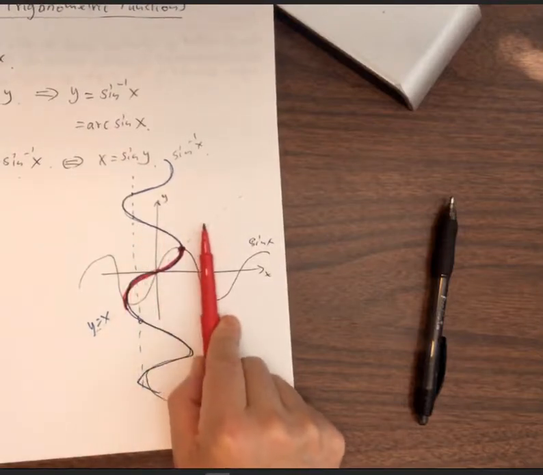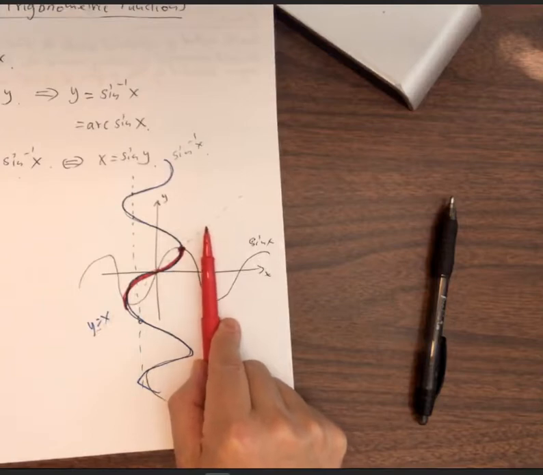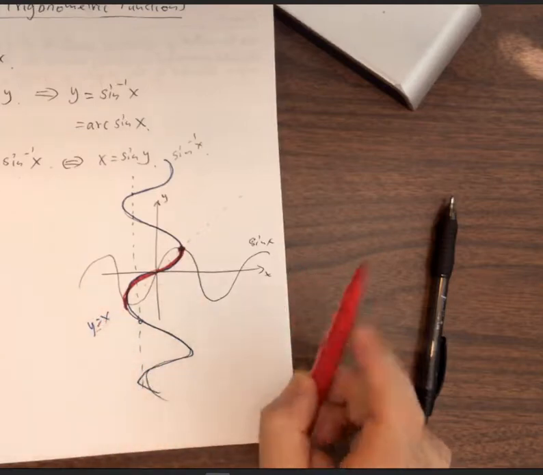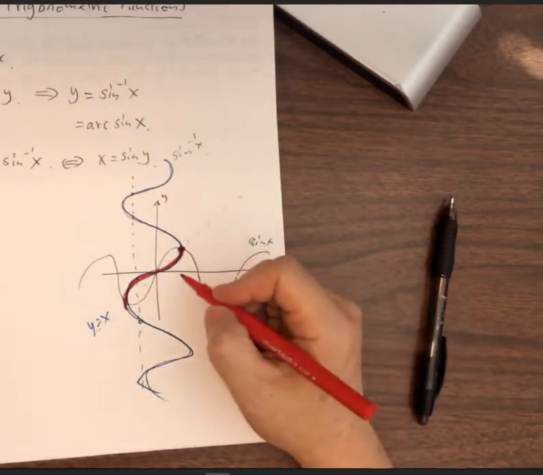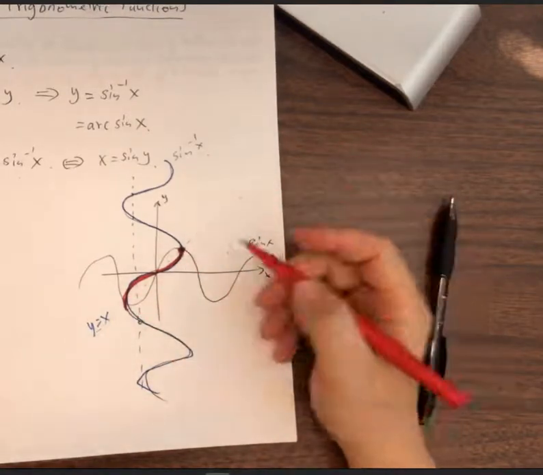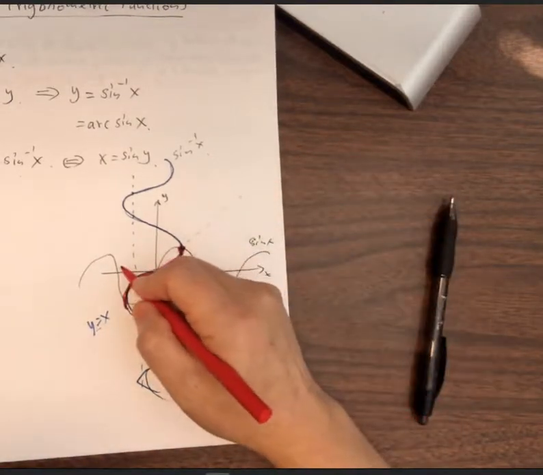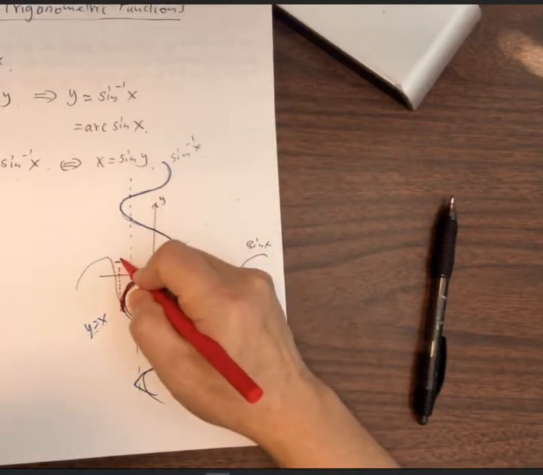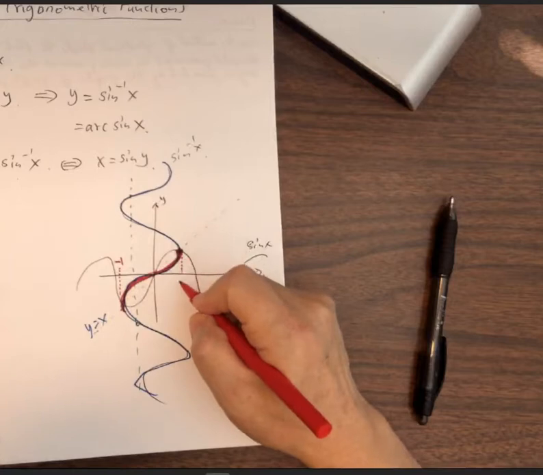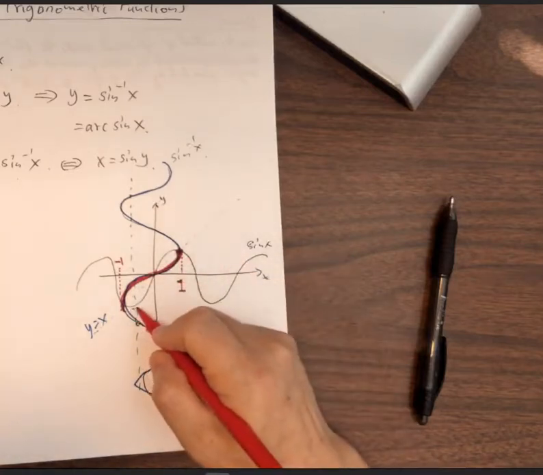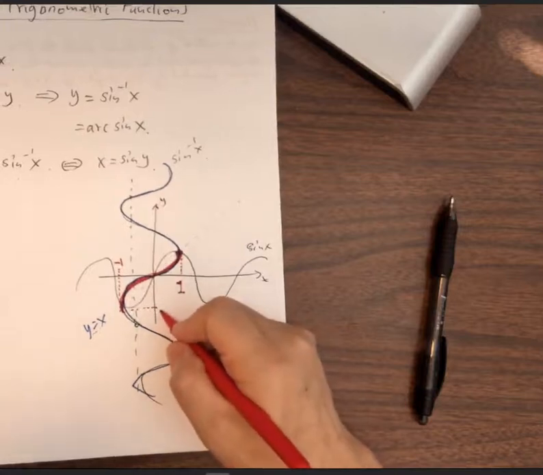That's fine. It just means such a point is not in the domain of this inverse sine function. Remember, this is the reflection of sine, so we can accordingly figure out the domain and range.